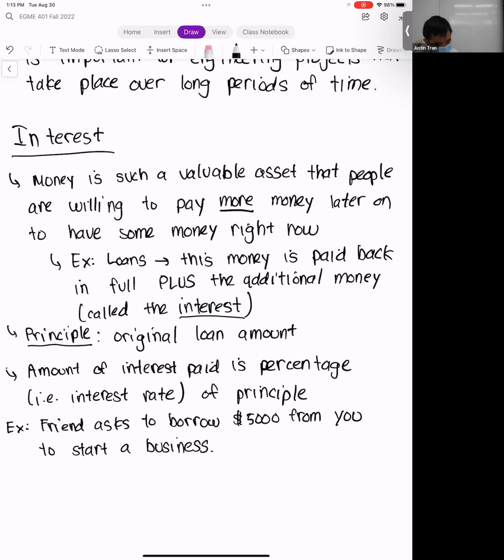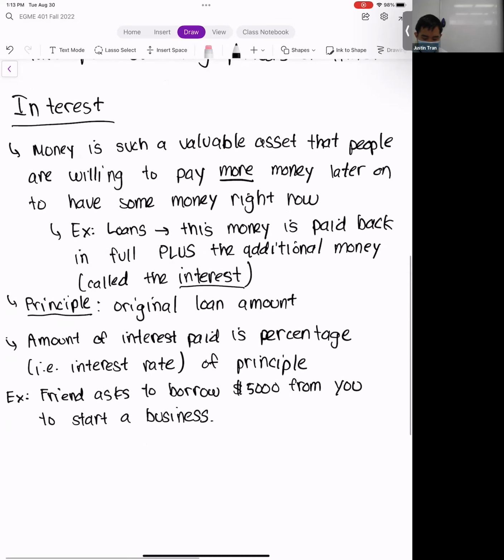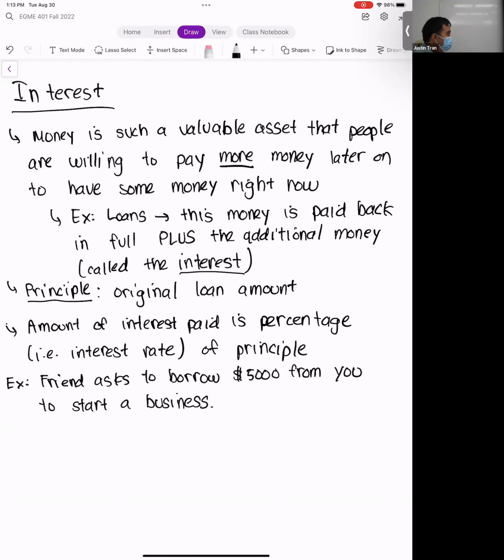And so you agree to give him that money, and you write a check for $5,000.